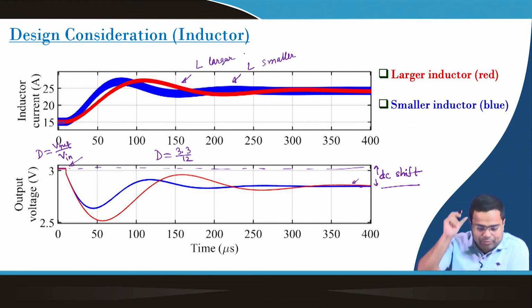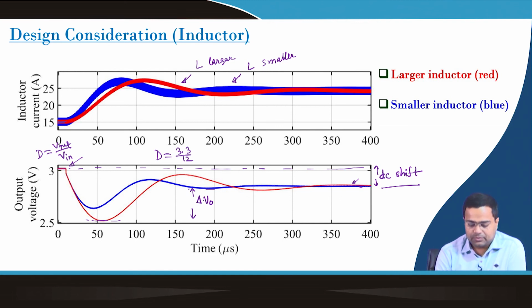But what is more important is this undershoot. If we compute from this value to this value, that is delta V0, I am talking about this steady state point. This delta V0 is much larger for a larger inductor, and it is smaller for a smaller inductor.